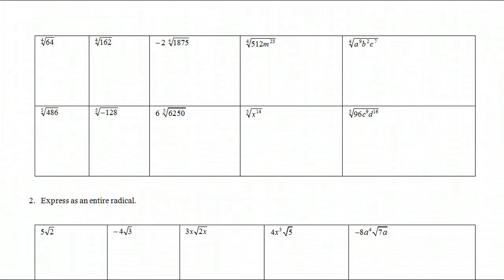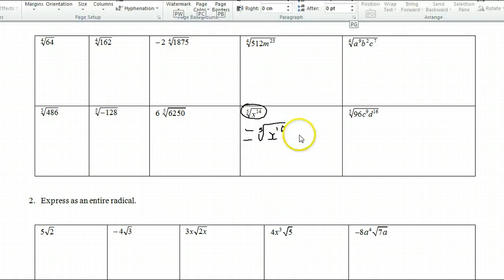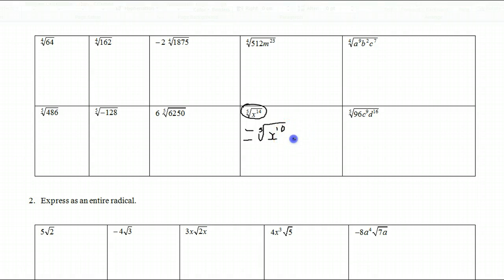We'll do some fourth powers and fifth powers. So let's take, how about this one here? So what has a fifth root, right? So x to the 5th has a fifth root. x to the 10th has a fifth root.